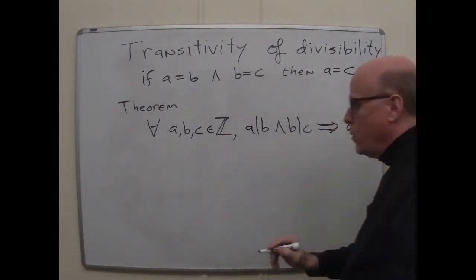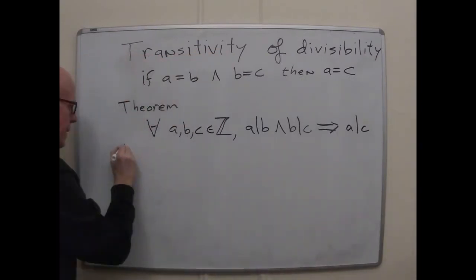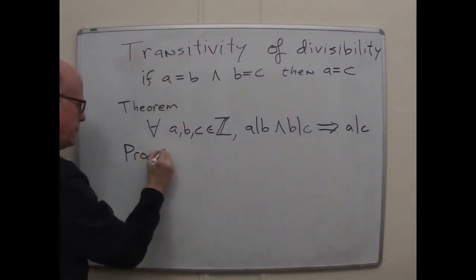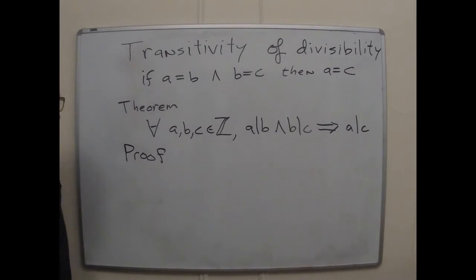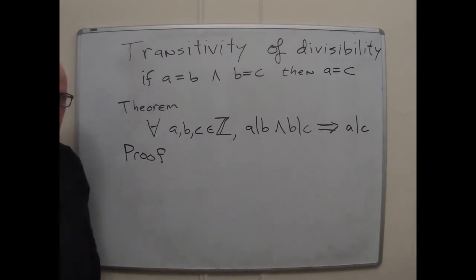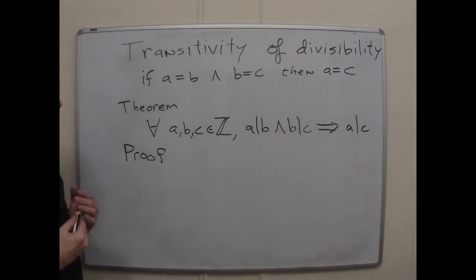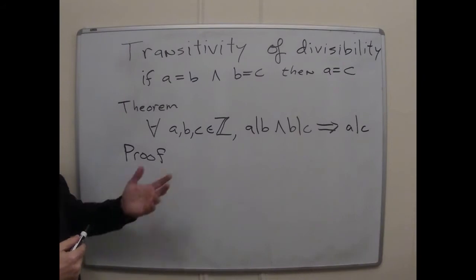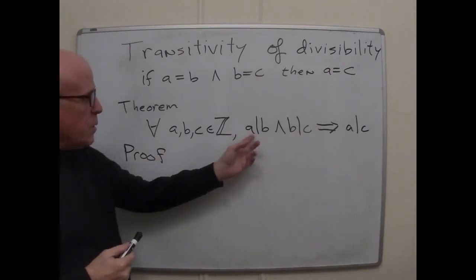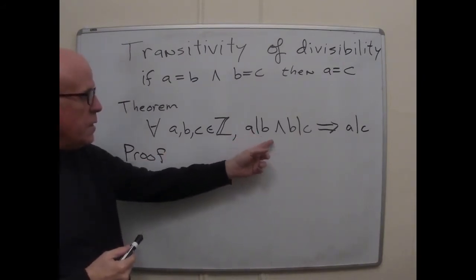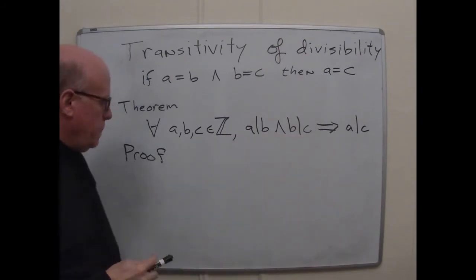Okay. So let me get started on the proof of that. Oh, wait a minute. Maybe before I try to prove it, we ought to check around and make sure that it's true, because it would be kind of foolish to try to prove something that wasn't true. Can you think of examples of 3 numbers where the first one divides the second and the second divides the third?